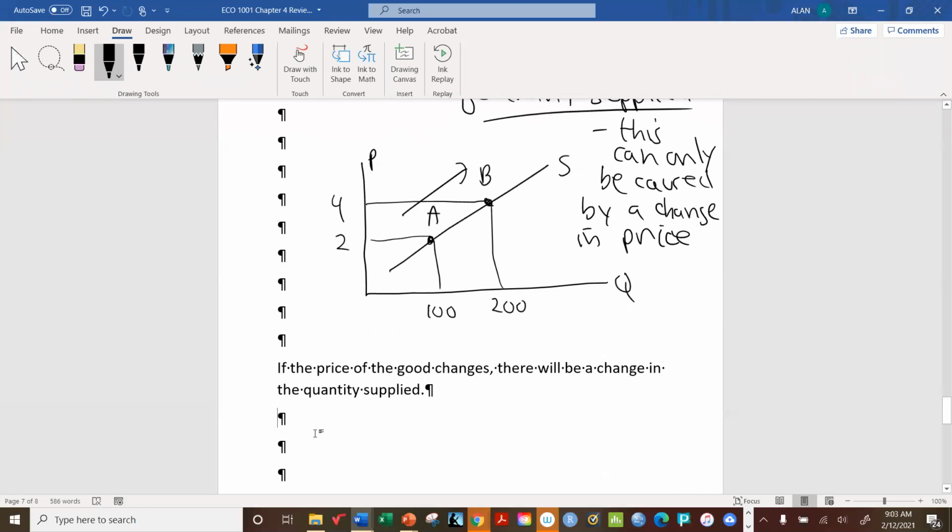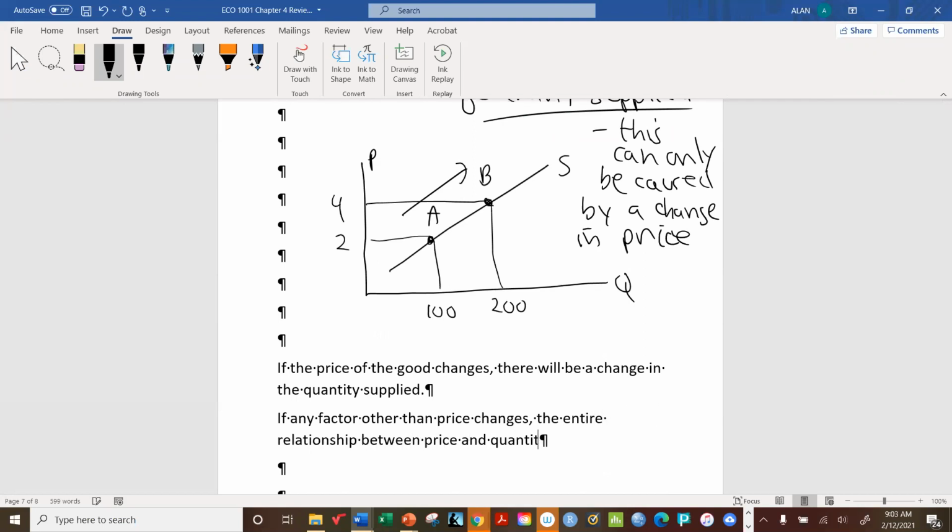And of course, we're going to go back to the slides and confirm. We're going to see there were 5 factors for the supply curve. So if any factor other than price changes, the entire relationship between price and quantity supplied will change. This is referred to as a change in supply.